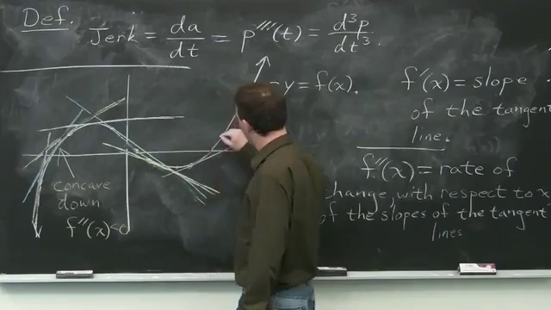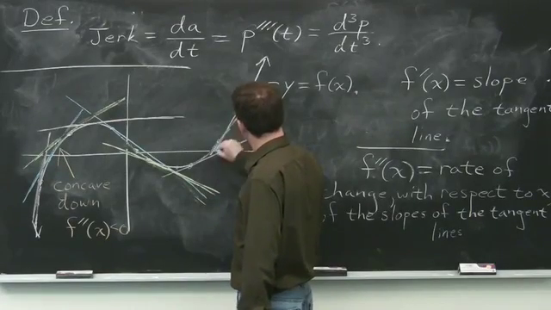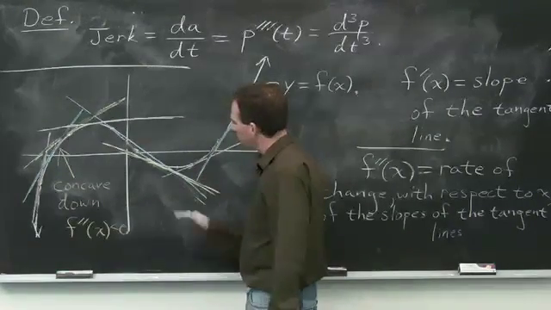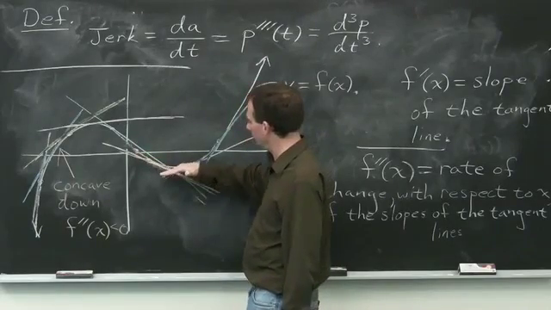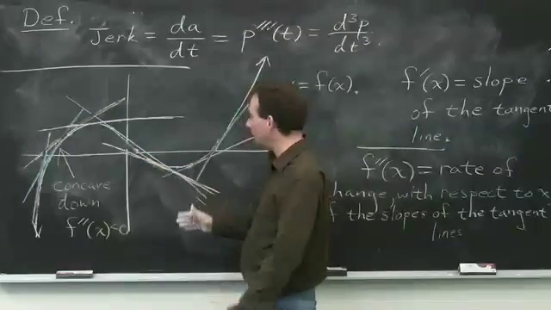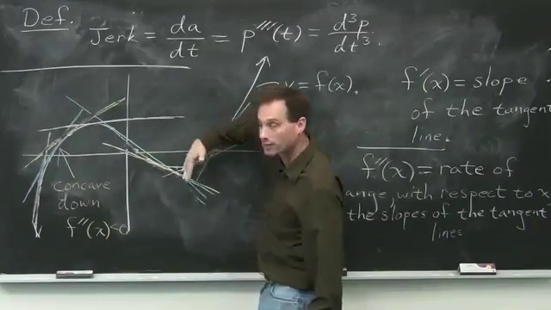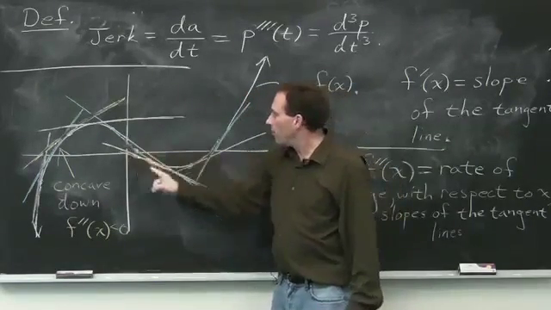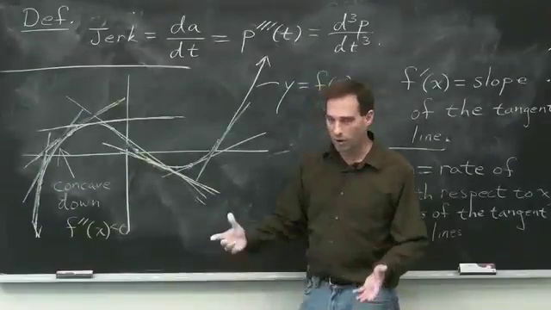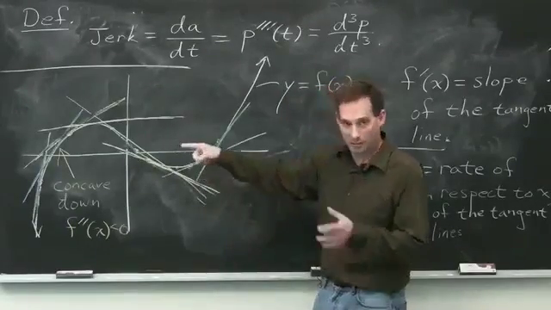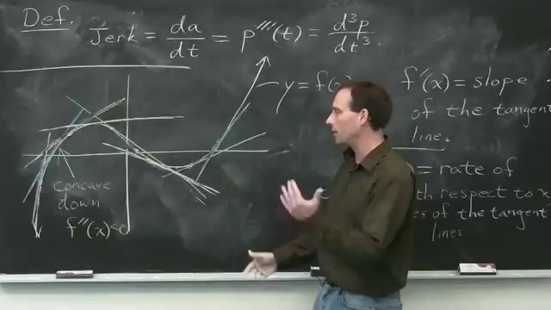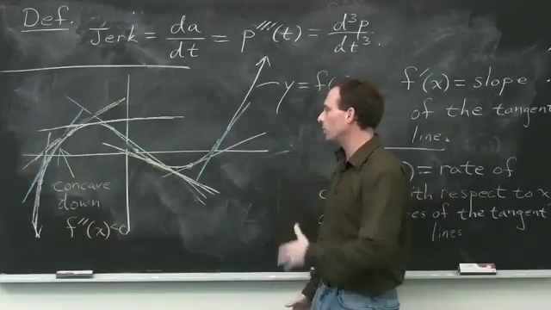But the slope continues to increase over here. The slope is getting bigger: negative, 0, positive, more positive. And that goes well with our intuition that we developed over there. That's concave down, and what we're seeing is that the slopes are decreasing.